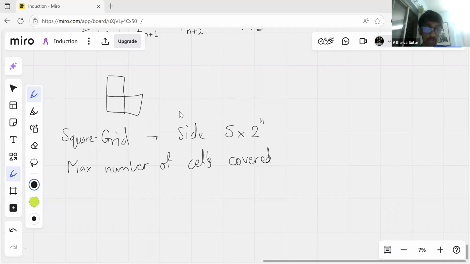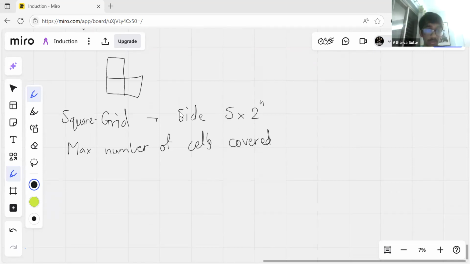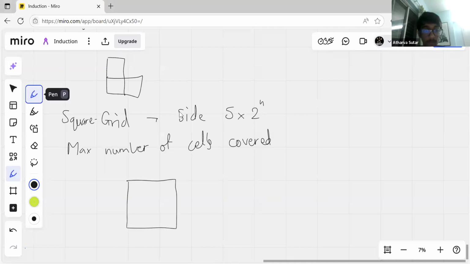Okay, you have a tromino of this shape, which covers 3 cells on a grid, and you have a square grid of side length 5 into 2 to the n. So for example, for n equals 0, you have basically a 5 by 5 grid. So you want to find out the maximum number of cells you can cover using only these trominoes.